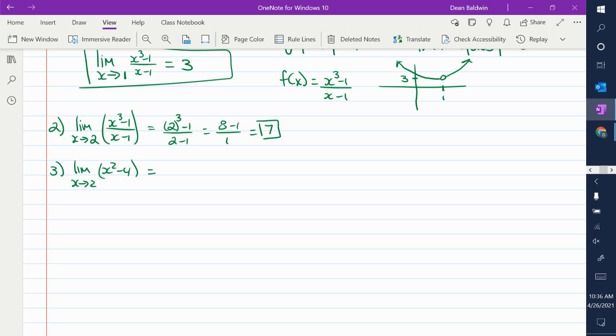But if you don't, this is a polynomial, so it's continuous everywhere. Just plug it in. So what's the answer? 0. 0 is a legit answer. So that's the limit.